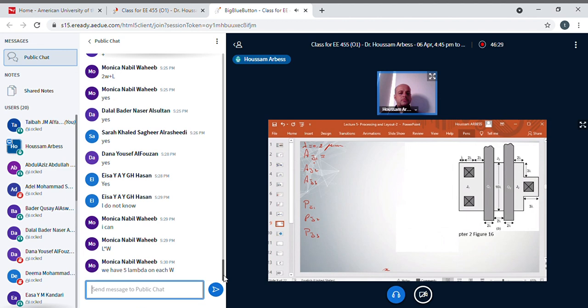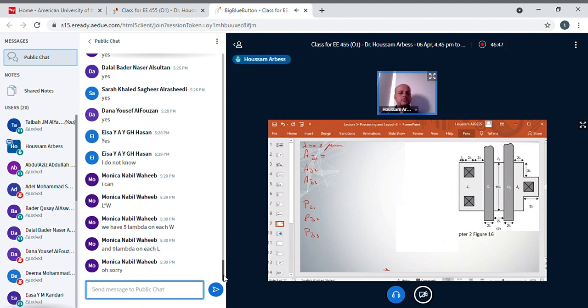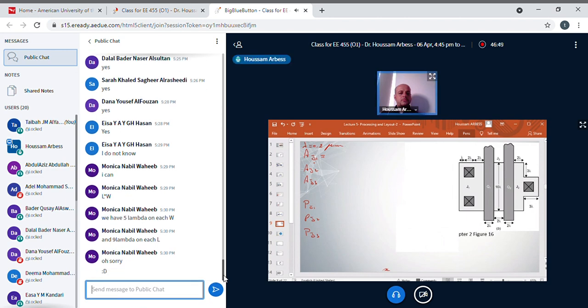The distance from here to here is 10 lambda. So it's 5 lambda multiplied by 10 lambda equals what? Well, 5 lambda is 5 multiplied by 0.2, which is 1. 10 lambda is 10 multiplied by 0.2 equals 2. So the result here is 2. What is the unit in this case?